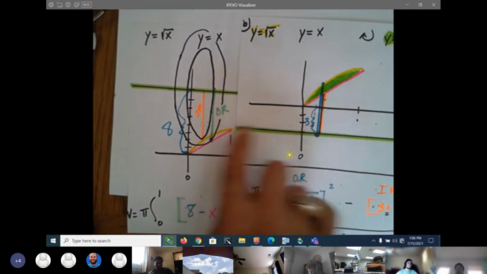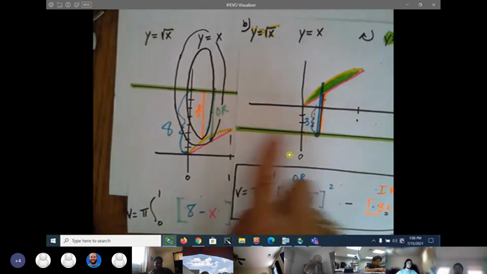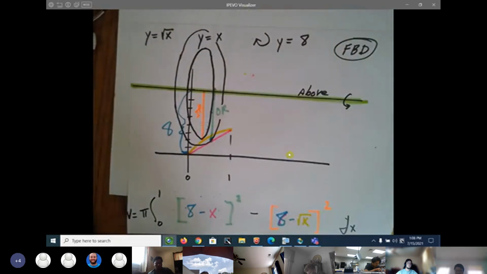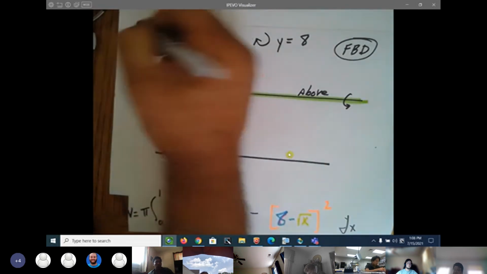And that graduate student fixed it. So that's the difference between B and C: your axis is above and below. This is C.